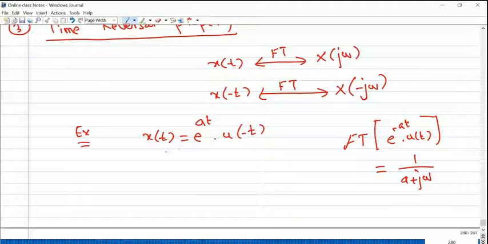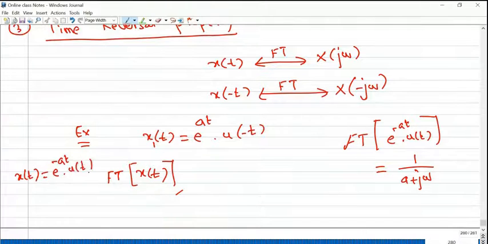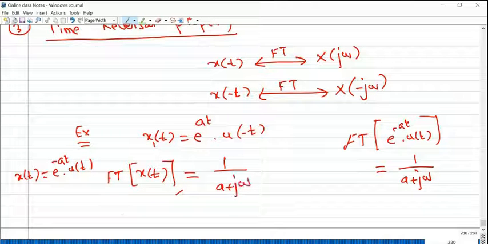Now we have to find the Fourier transform of e power at u of minus t. If we consider the signal x1 of t, the Fourier transform of x of t, that is e power minus at u of t, the result is 1 divided by a plus j omega.